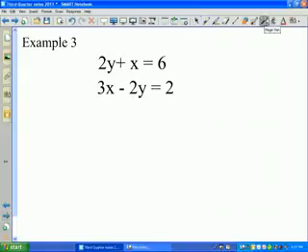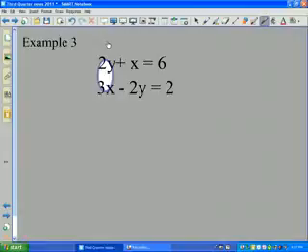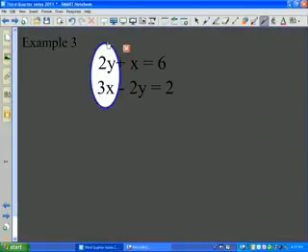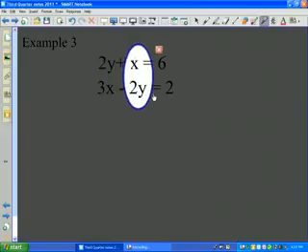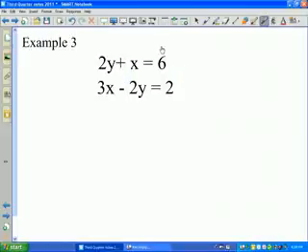So first things first, are my x and y's lined up? If I look here, no, they're not. My y's are over there, my x is over here. If I look over here, my x is on top and my y is on the bottom. So we're going to need to do something before we can get any further. We're going to need to rearrange either the top equation or the bottom equation.